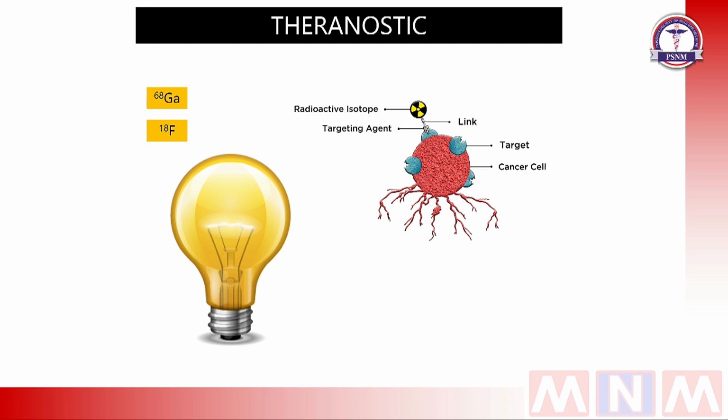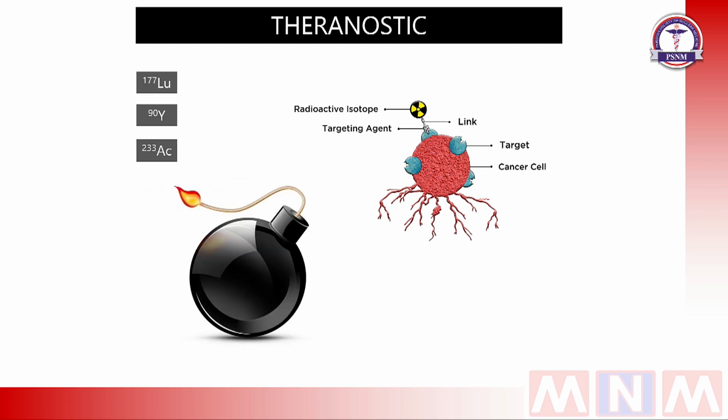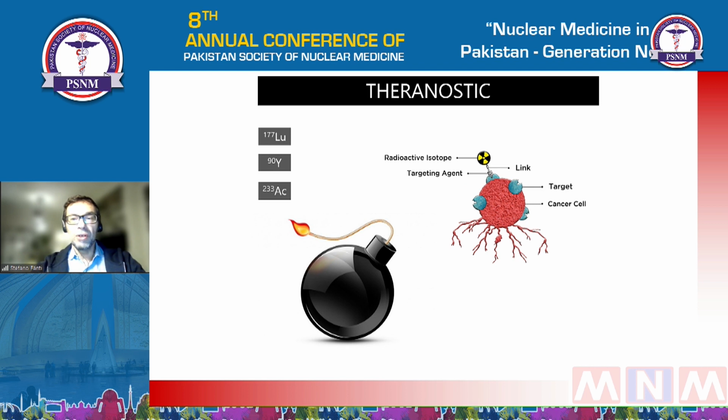If we have an isotope, for example a positron emitter like gallium or fluoride, we can see the cancer. But if we replace the isotope with a killing agent like lutetium, yttrium, or actinium, we have the theranostic effect. So we can cure. This is very simple, but it's good when you want to show your colleagues how it essentially works.